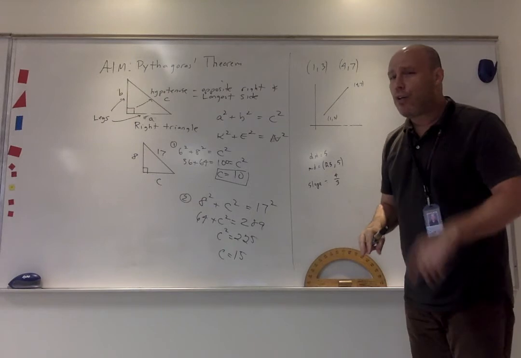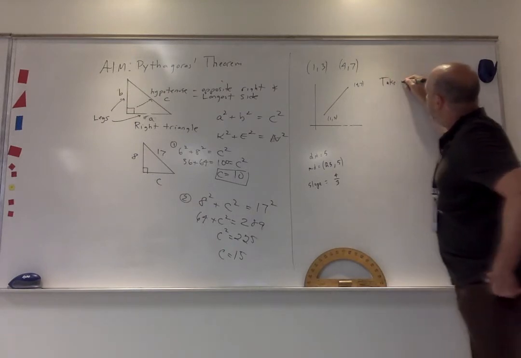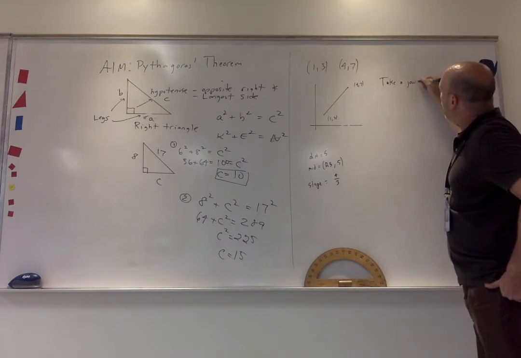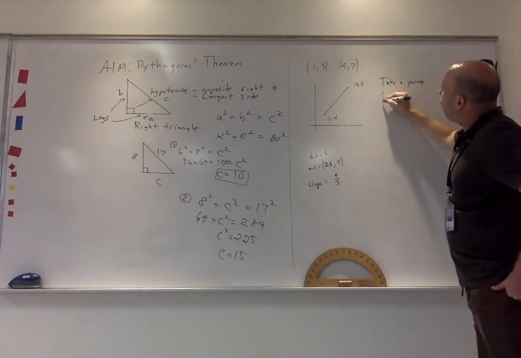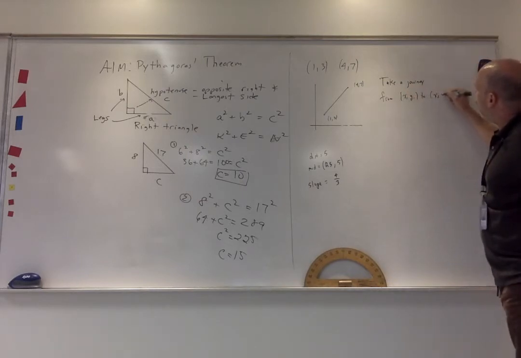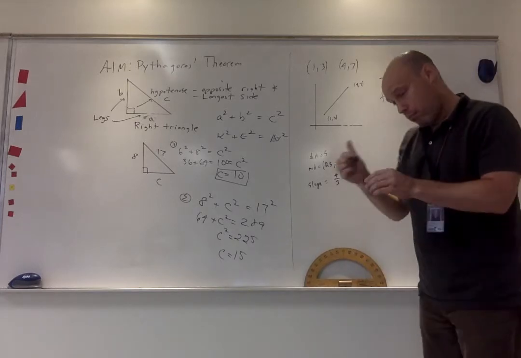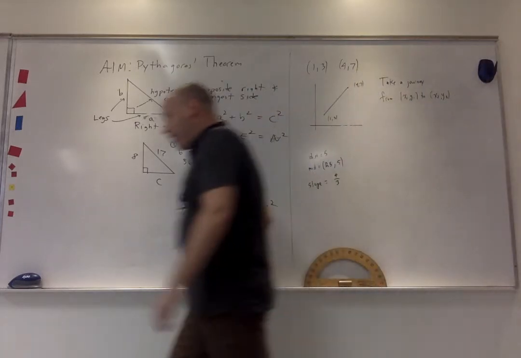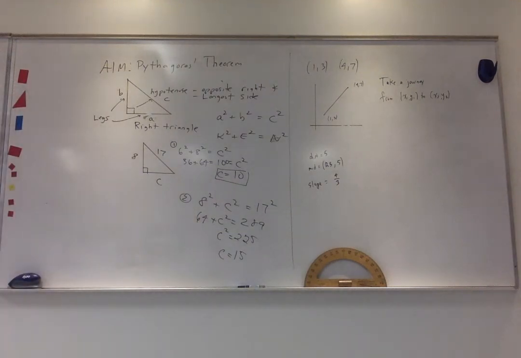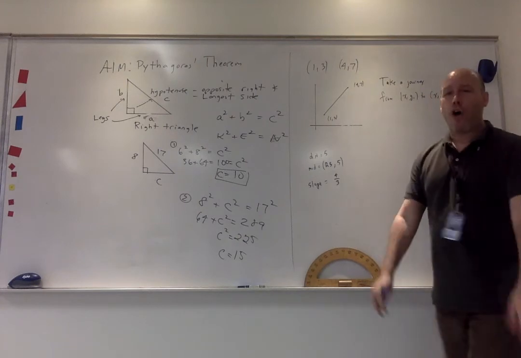Now, I'm going to tell you, take a journey from x1, y1 to x2, y2. You think, Mr. Adler, what does that mean? Take a journey. Well, I'm going to get another color, and I'm going to take a journey along the graph paper.